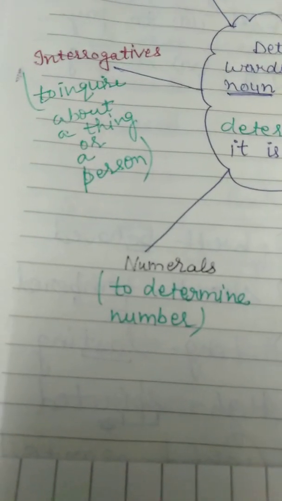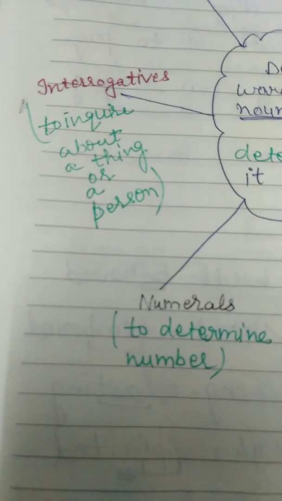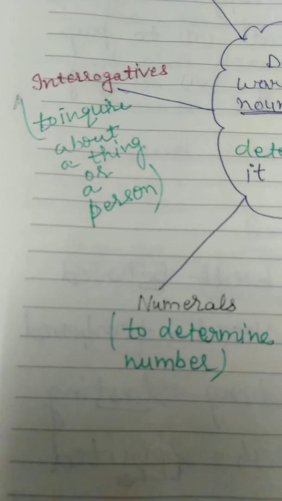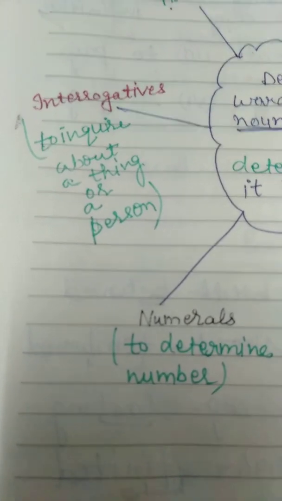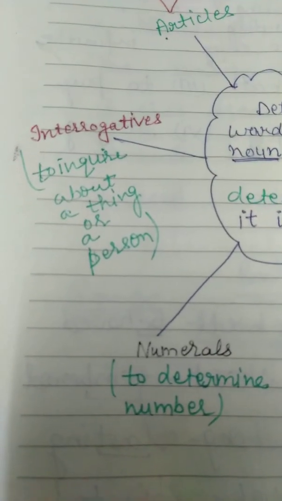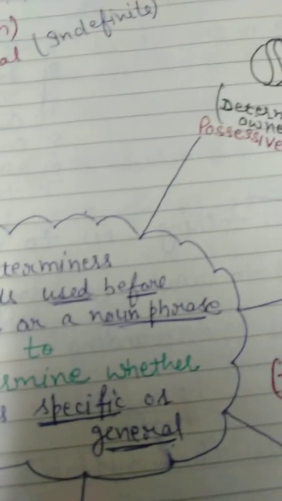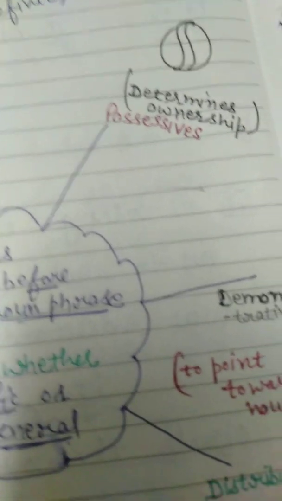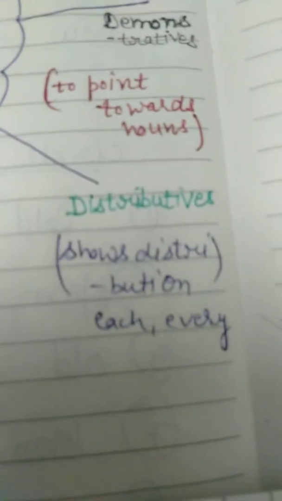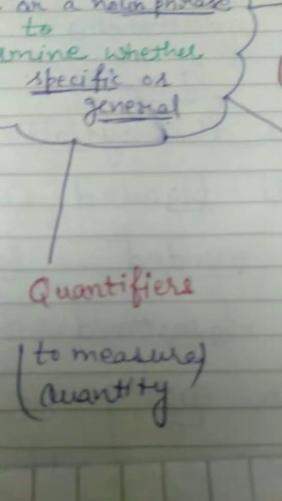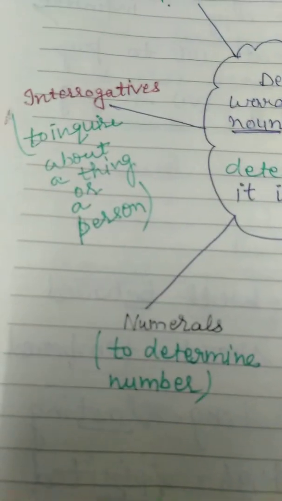And the next type is interrogatives. Interrogatives, to inquire about a thing or a person. In the simple wording, if I say, interrogatives are used to ask the questions. How many types we have done? First article, then possessives, then demonstrative, then distributive, quantifier, numerals, interrogatives.